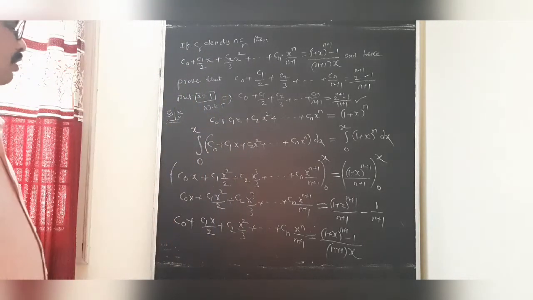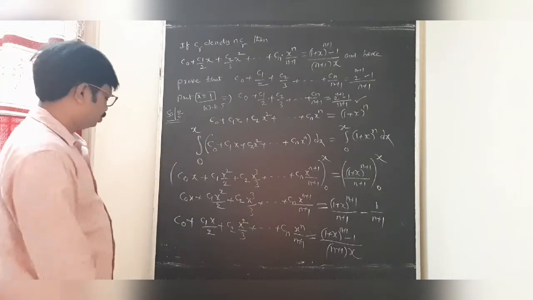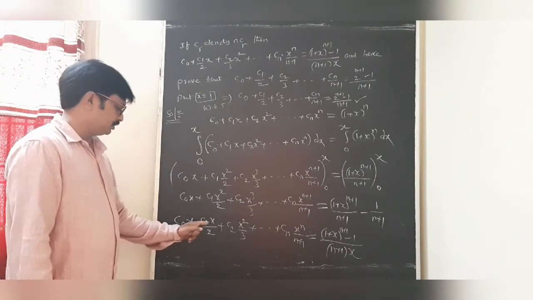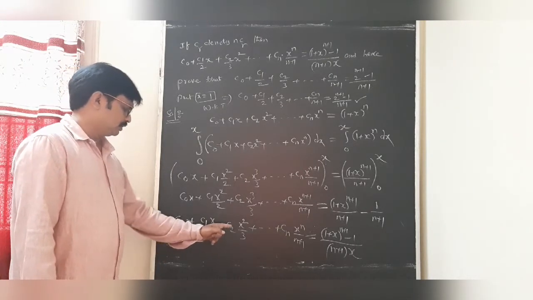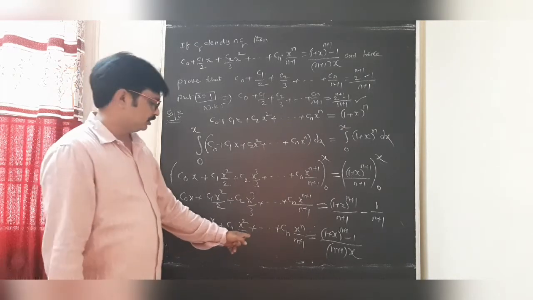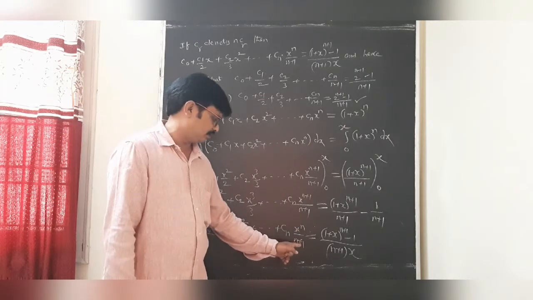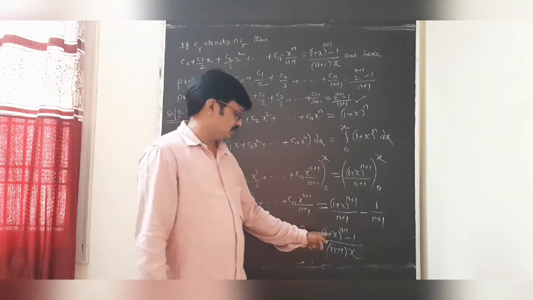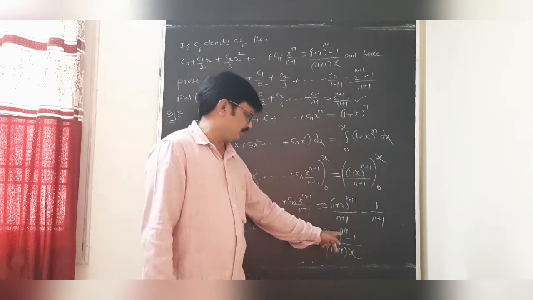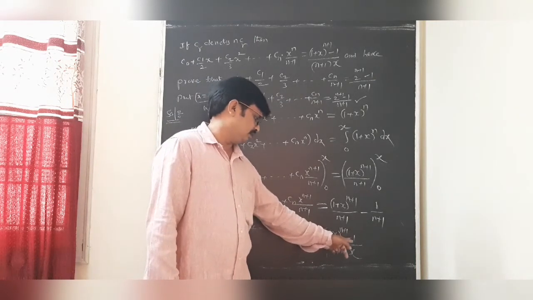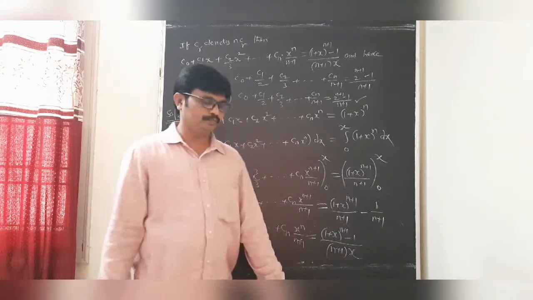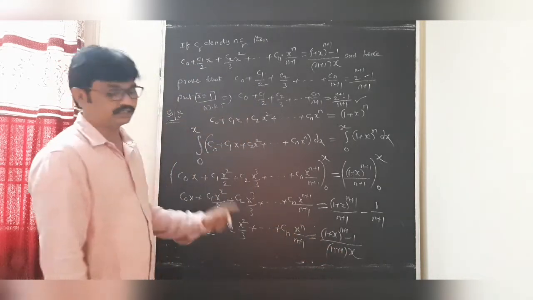Suppose, students, we take x equal to 2. This is C0 + C1 into 2 by 2 + C2 2² by 3, and so on, Cn 2^n by n + 1. This is 1 + 2 is 3, so 3^(n+1) minus 1 upon (n + 1) into 2. So the 2 is also sent to the other side.